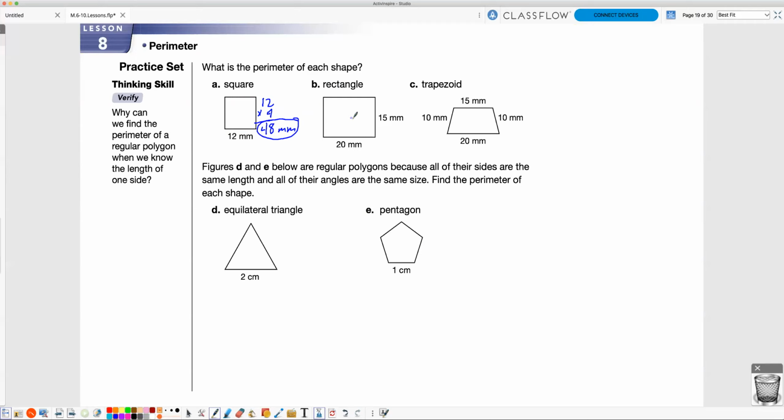Now do letter B, the perimeter of this rectangle. All right, remember that the perimeter equals 2L plus 2W.